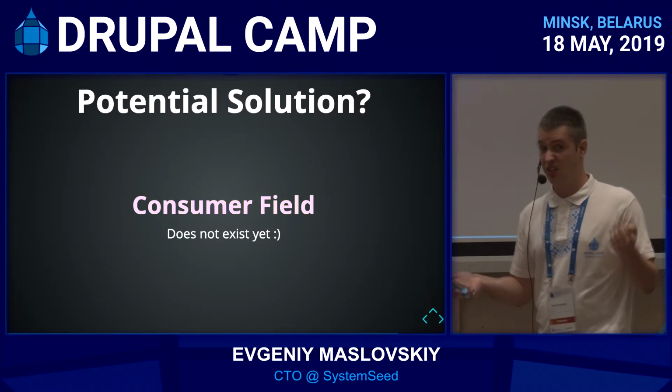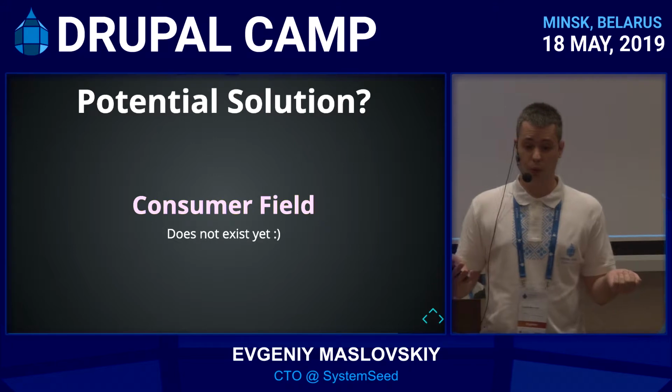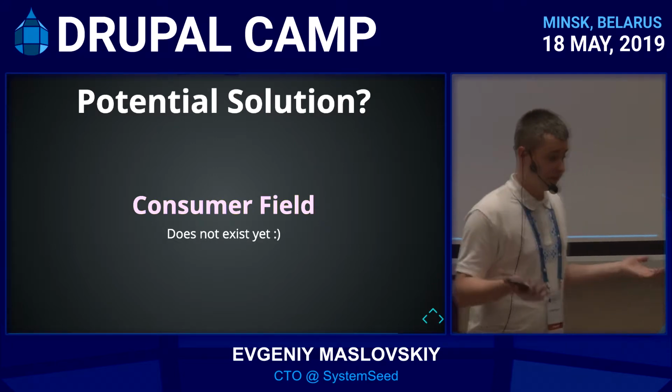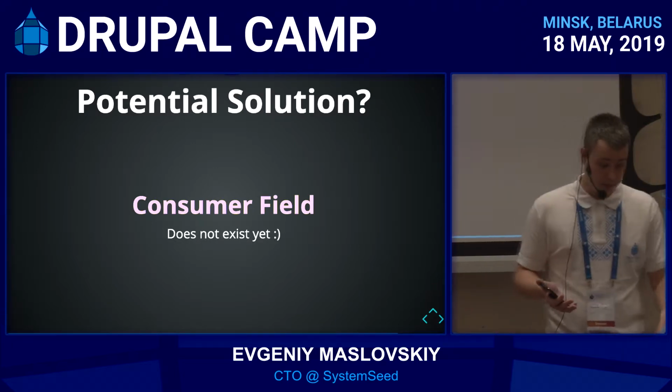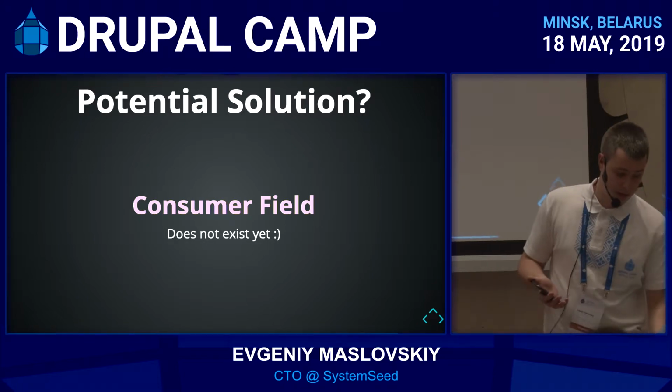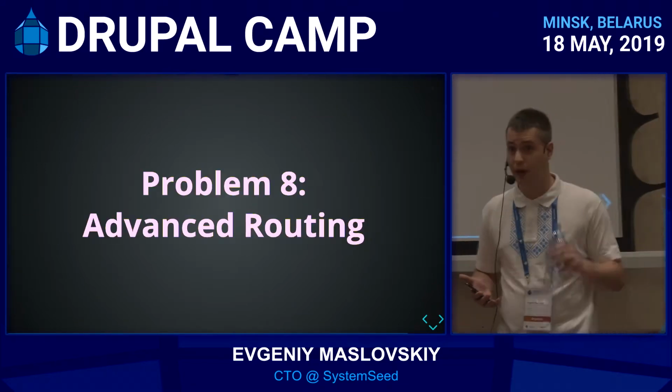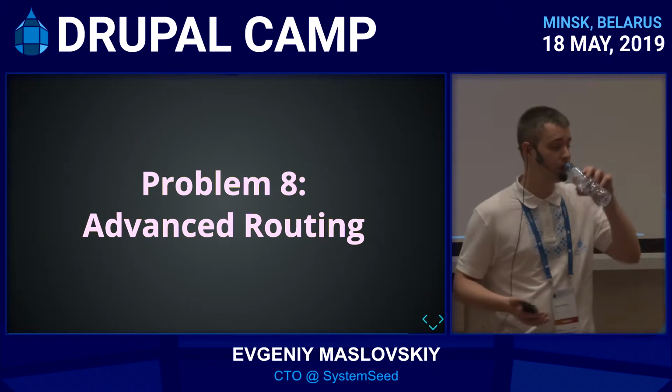Consumer A can't access nodes which were marked with other consumers. That's simple, at least by the sound of it. It might get way more complex than we think.